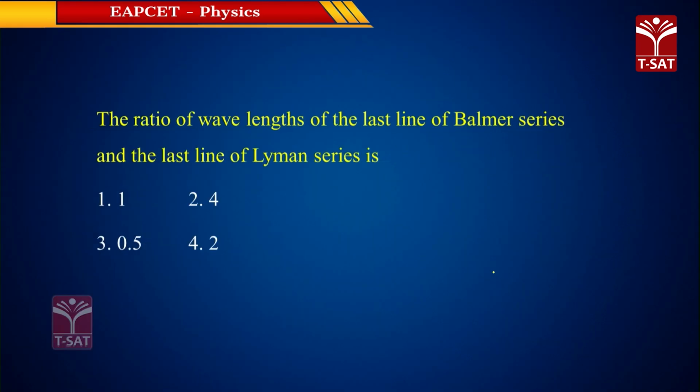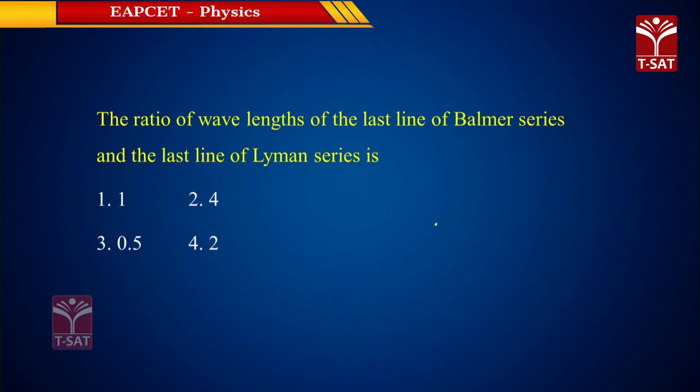And here the ratio of wavelength of the last line of Balmer series and the last line of the Lyman series. What is the Lyman series? Lyman, Balmer, Paschen, Brackett, Pfund series are there.